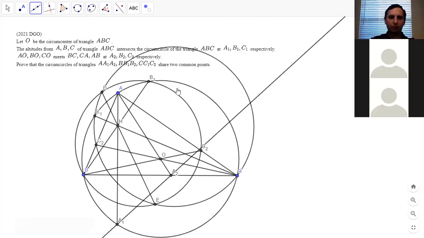I guess I'm not sure where the two circles would go. Let's see. Oh, but yeah, it looks like a really good idea.